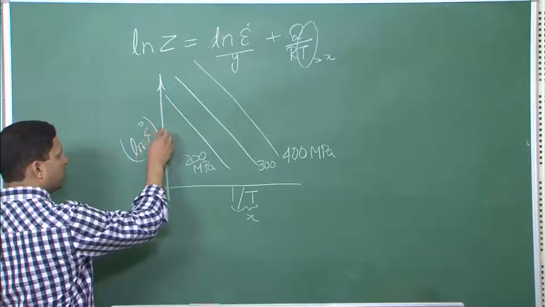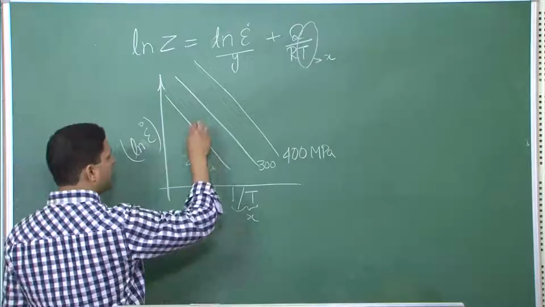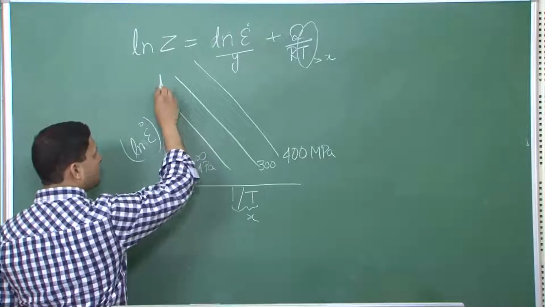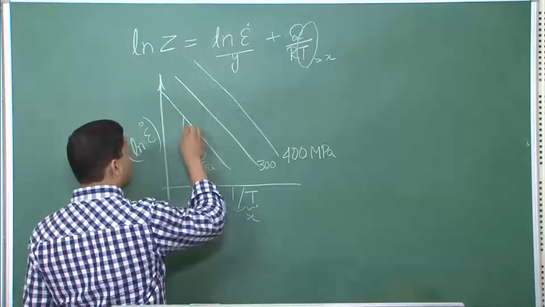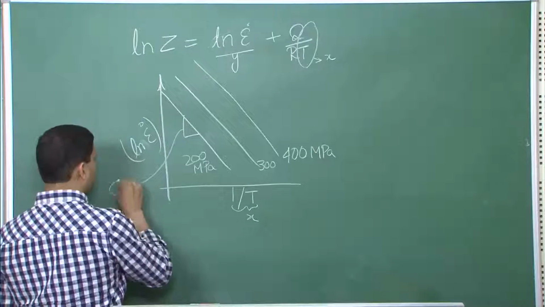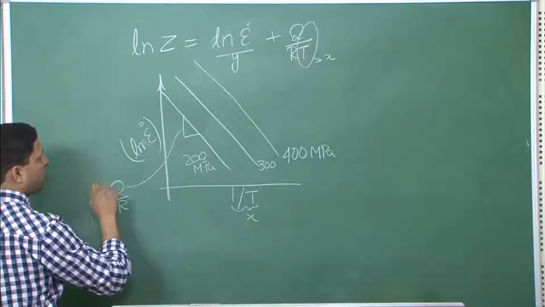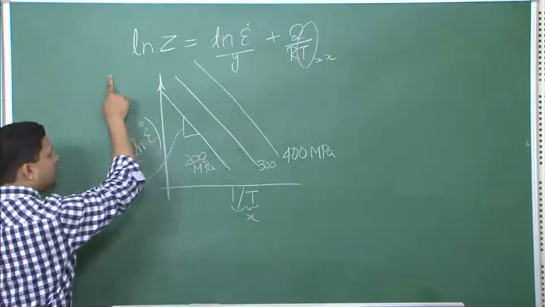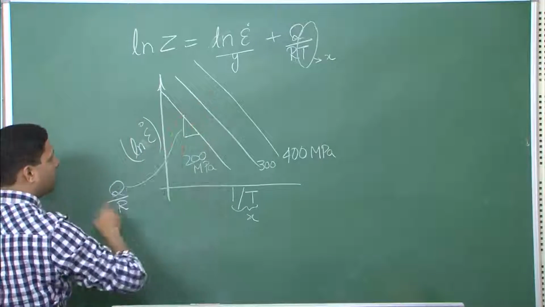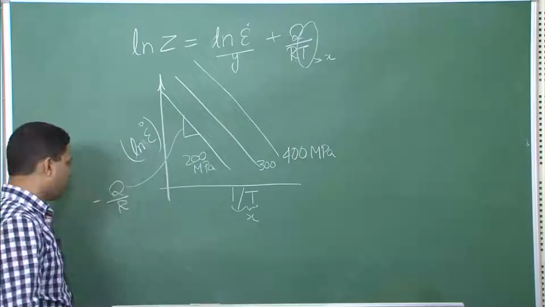So, this is your y axis and this is your x axis, and since this is your slope, the slope would give you the value of Q over R. Actually, it will be minus Q over R because y is over here. So, you will take this on the other side, and therefore it is minus Q over R, and that is why you see the slope is negative.